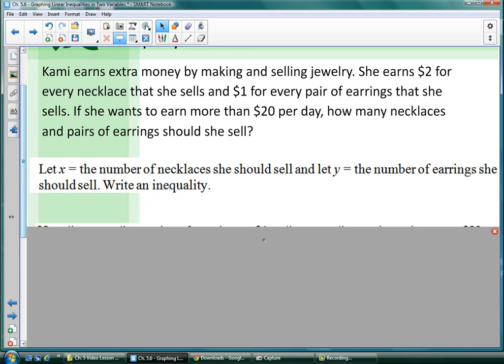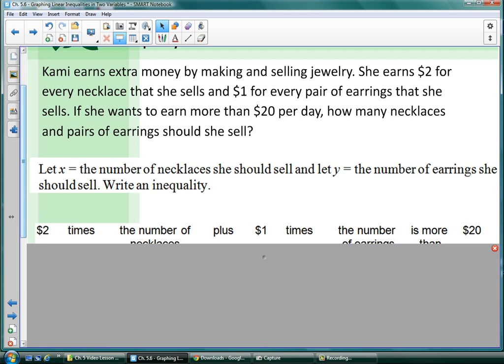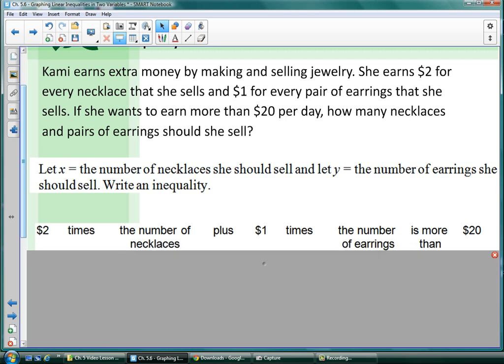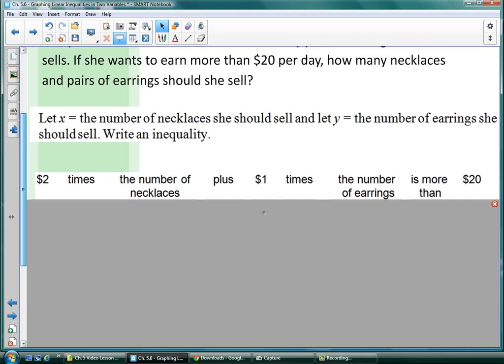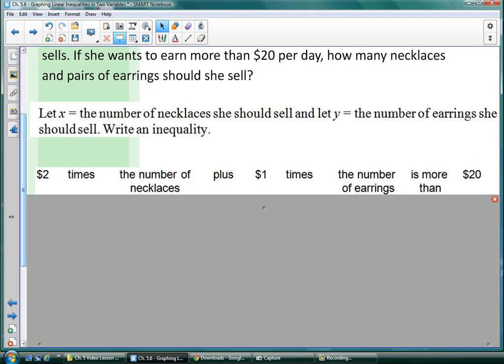Write an inequality. So that's the next step. I have to basically start with the words, and we've been doing this for a little bit. We're going to start with the words and then go to the inequality that goes with the words, remembering now I have two variables as opposed to one. So 2 times the number of necklaces, x, plus 1 times the number of earrings, 1 times y, is more than.